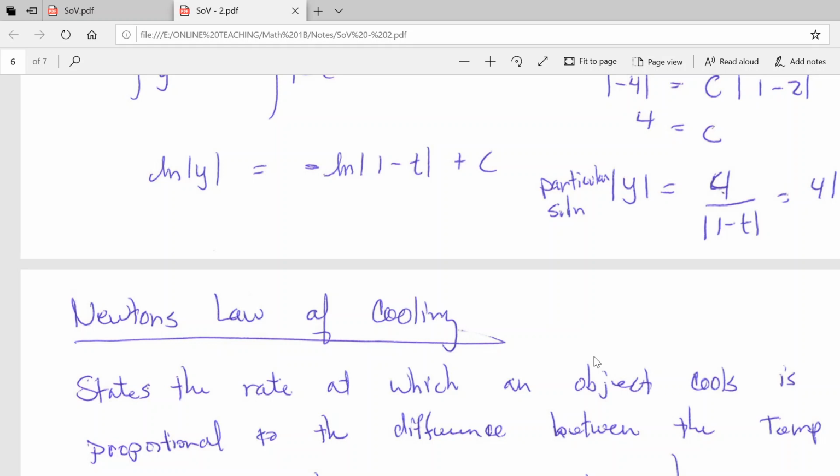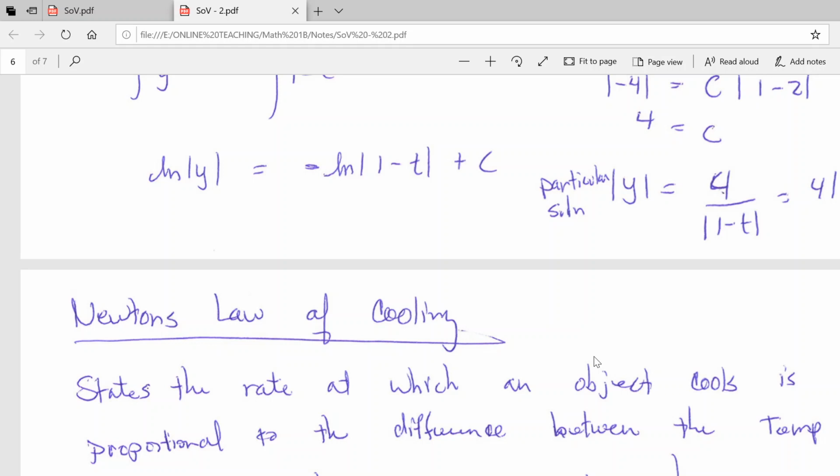What that means is, when you take brownies out of the oven and they're scorching hot, after 10 or 20 minutes, they're cooled to where you can eat them already. But after an hour, they're still warm.